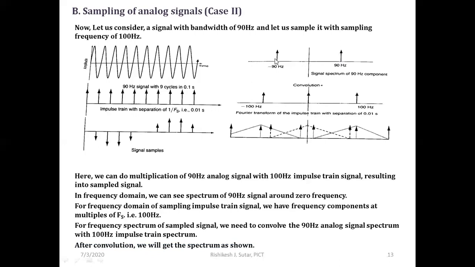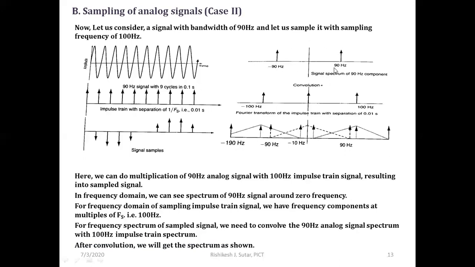If I convolve this analog signal with this center spectral component, I will get these two spectral components, -90 Hz and +90 Hz. If I convolve the analog signal with the -100 Hz spectral component, I will get two components, one at -190 Hz and another at -10 Hz.